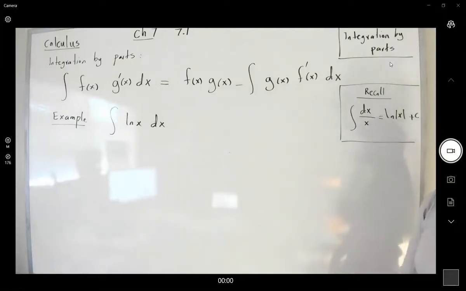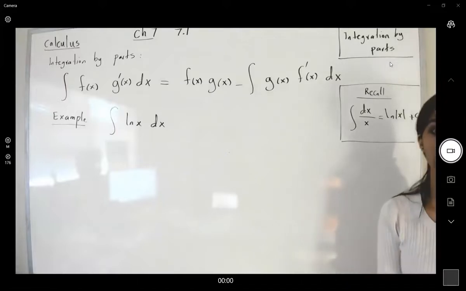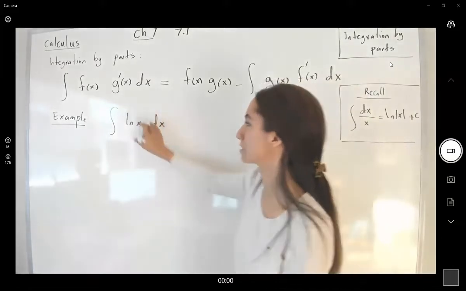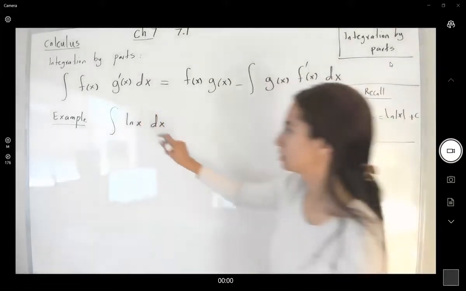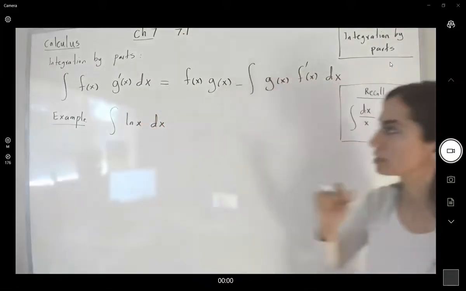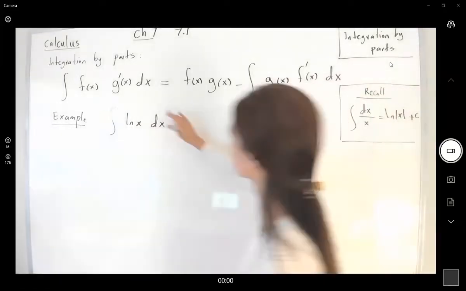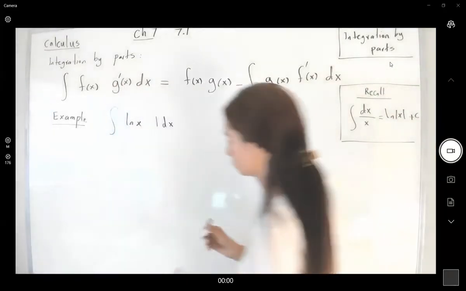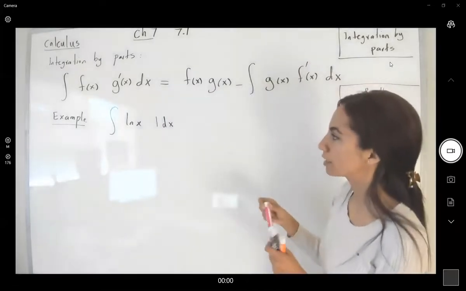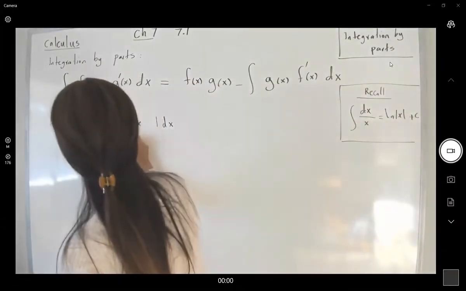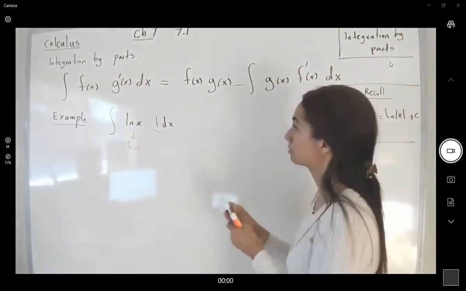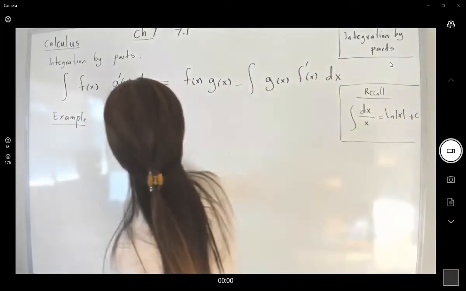Well, you might say, hey, here I might see f of x, but what is g prime of x? Since g prime of x is not visible, you might say this is 1 times dx. So you can actually write it as 1 times dx. So let f be ln of x, and 1 times dx is your g prime of x.